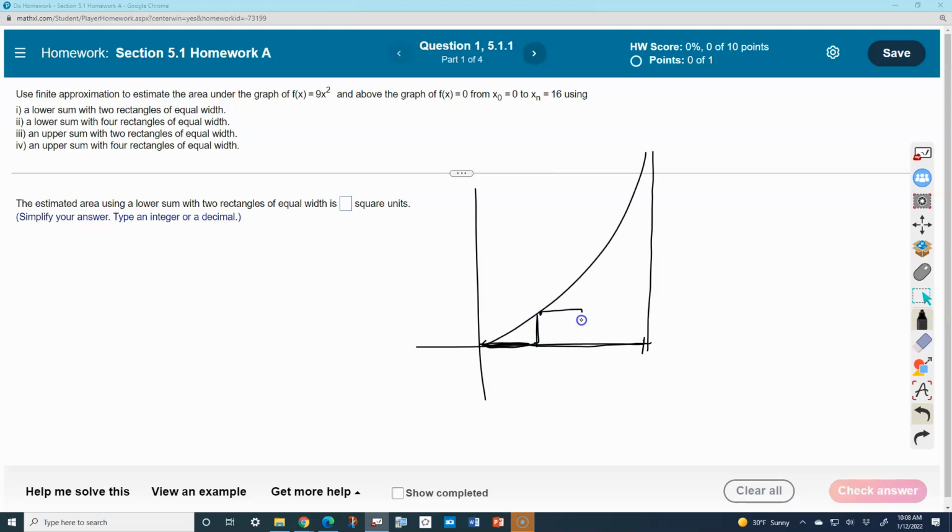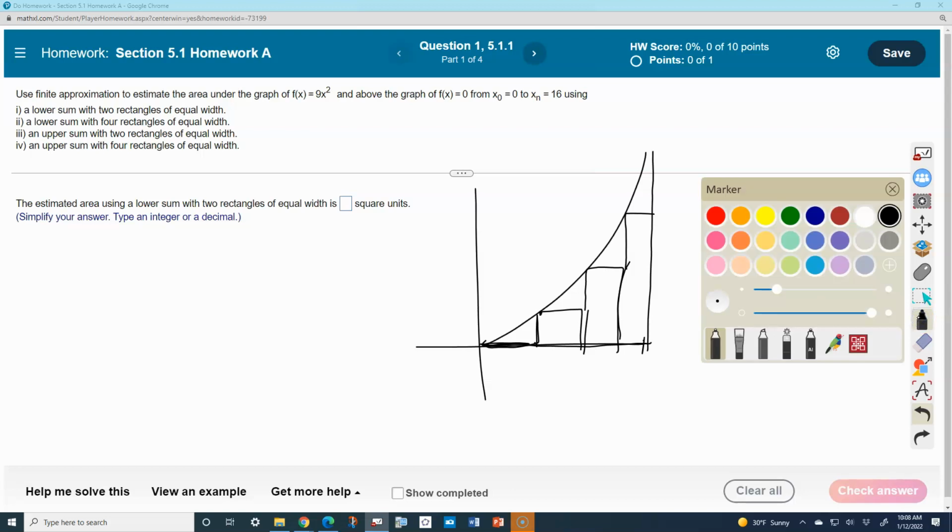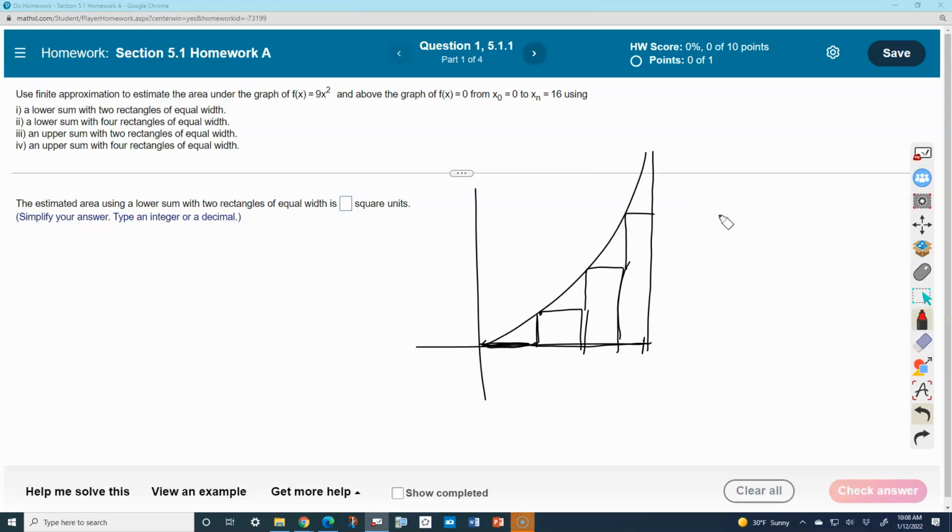And then here, this would be your second rectangle, your third rectangle, and your fourth rectangle. So if you want to get a lower sum for parts 1 and 2, you're going to have to do a left-hand rule. And if you want to do an upper sum, then you're going to start on the right side, because that's going to give you rectangles that are outside of that bounded area.